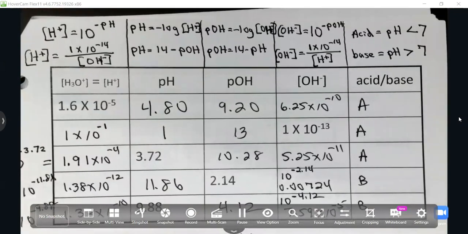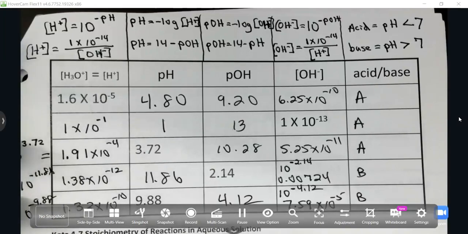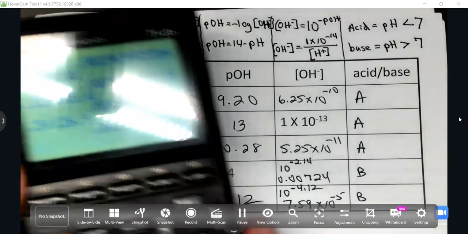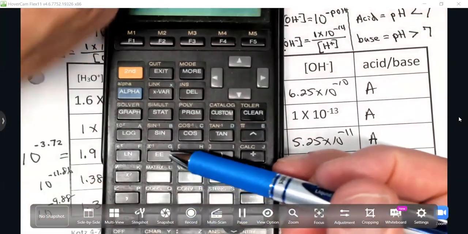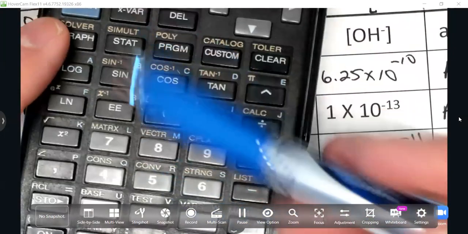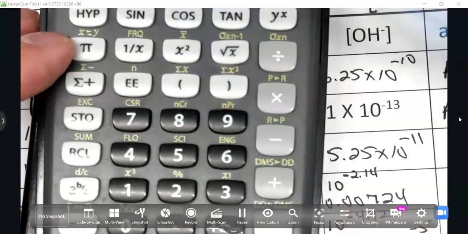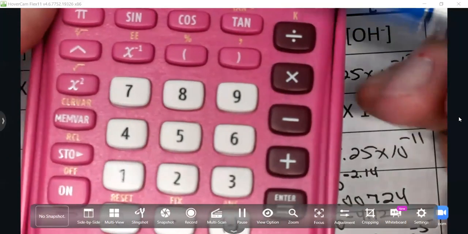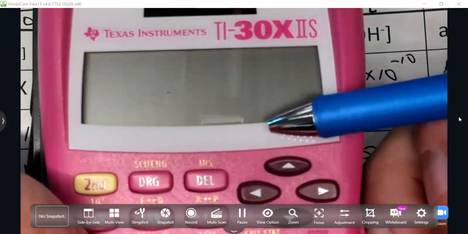This is the exact sheet. Now, a couple of reminders. You're never putting in times 10 in your calculator, right? If you have a graphing calculator, this one has the EE right here, or you maybe have to do second to get EE. This one just has it right here, which is why I like the TI-30XA. It's really simple. And this one here has the EE right here, so you have to do second if you have a TI-30X2S. So remember, you're not putting in times 10.